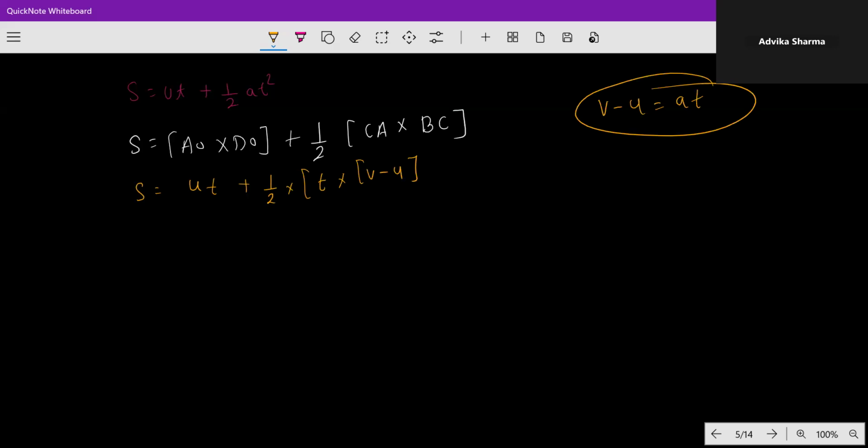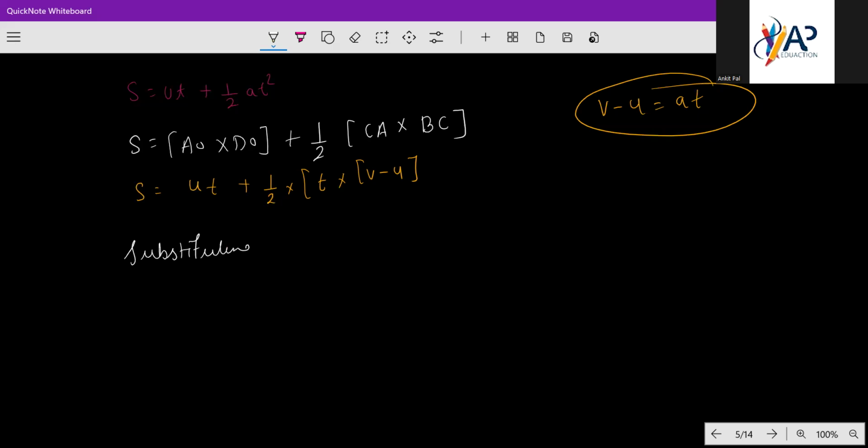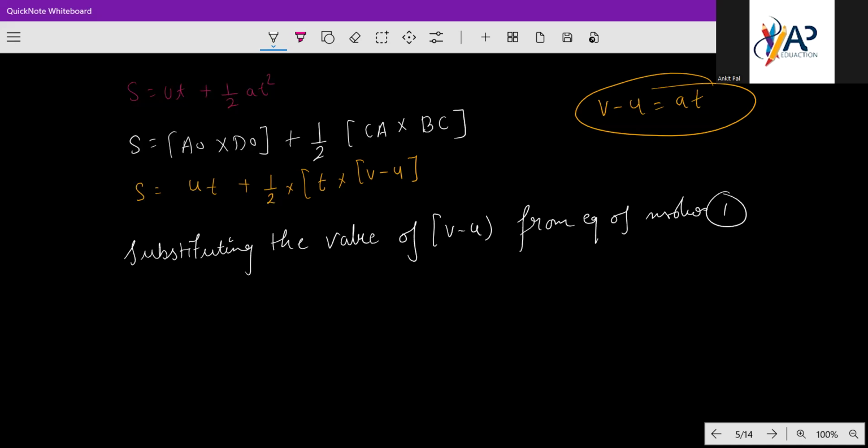Then we substitute the value of v minus u from the first equation of motion.